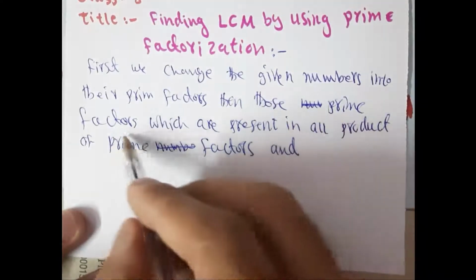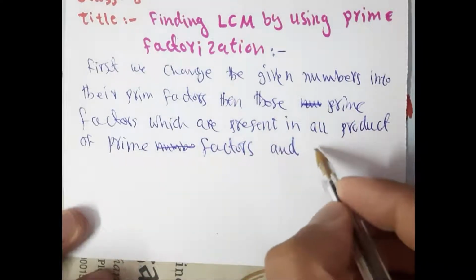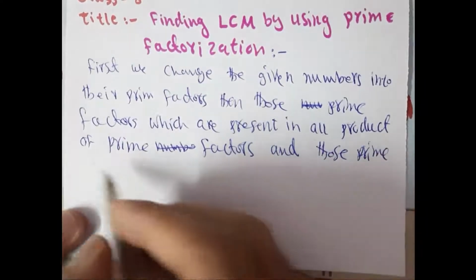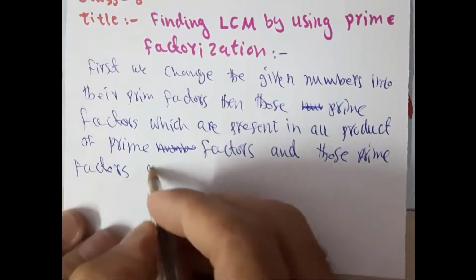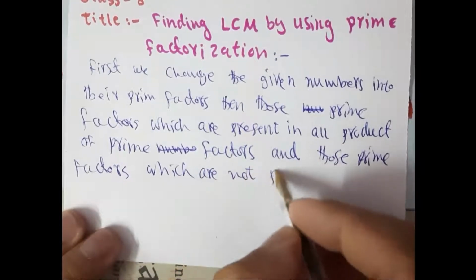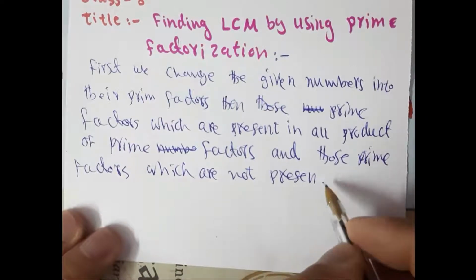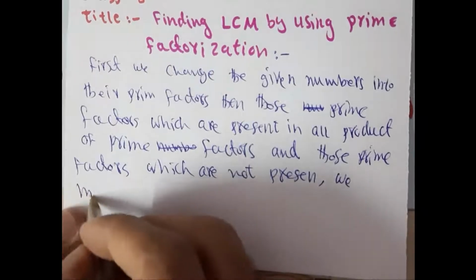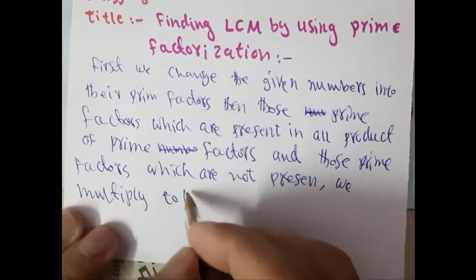then those prime factors which are present in all products of prime factors, and those prime factors which are not present in all, we multiply together.